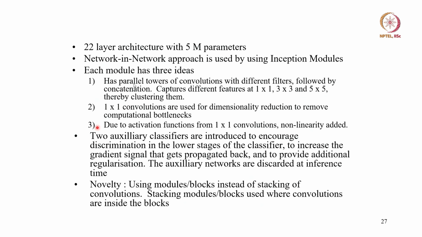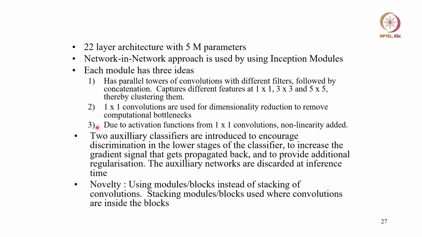One is that you have a parallel tower of convolutions with different filters, like 1x1, 3x3 and 5x5. The 1x1 convolutions are used for dimensionality reduction, and since you are using activation functions there, it also adds some non-linearity to the whole thing.